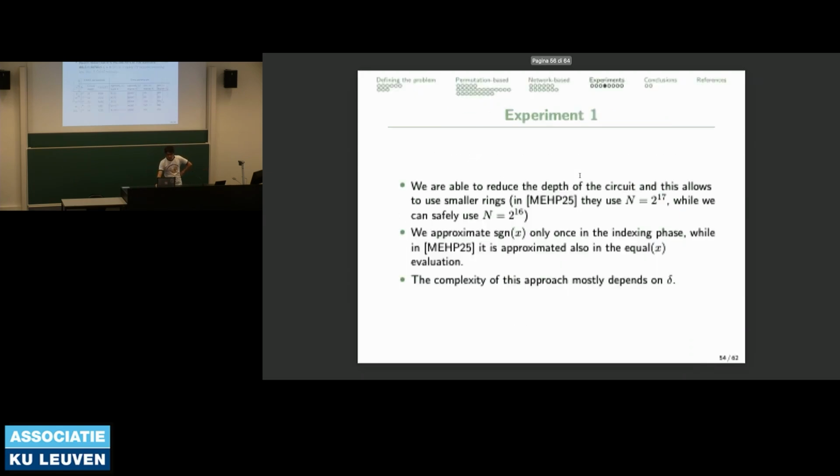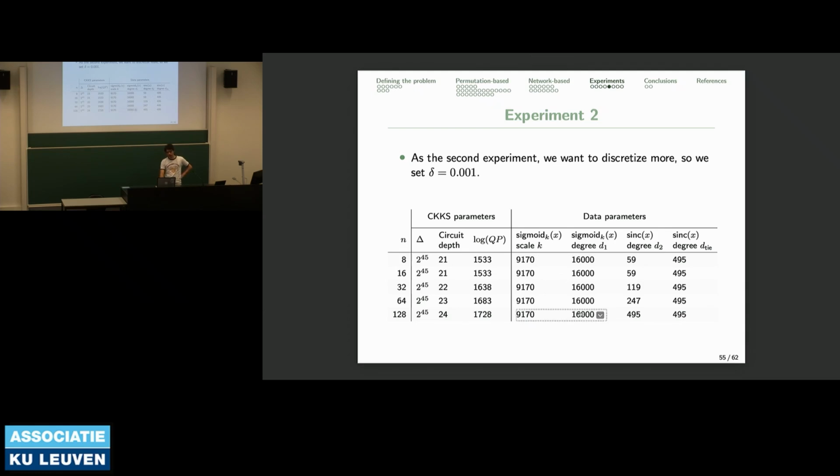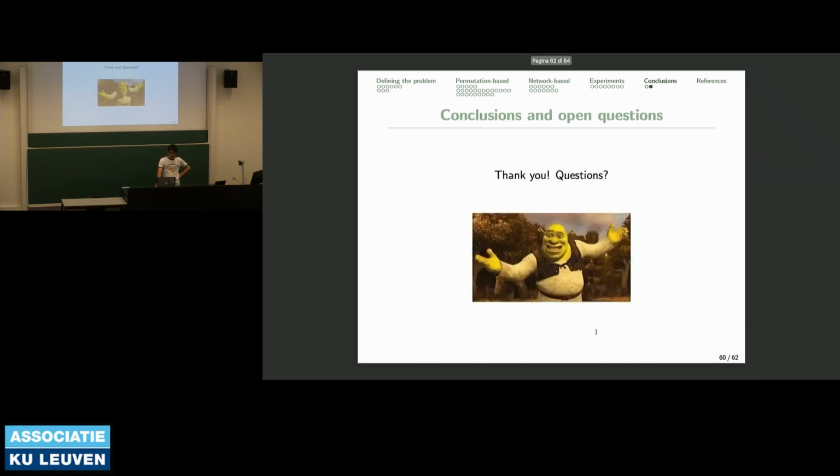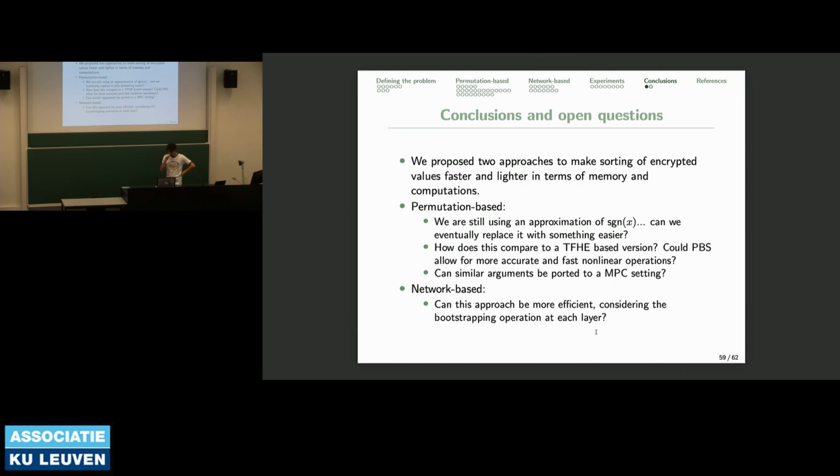Also, the degrees that we are using can go up to 16,000, which is quite a lot. So it would also be interesting to compare to a TFHE-based implementation. Maybe the bootstrapping there could help in evaluating this faster and more precisely. It would be interesting to compare.